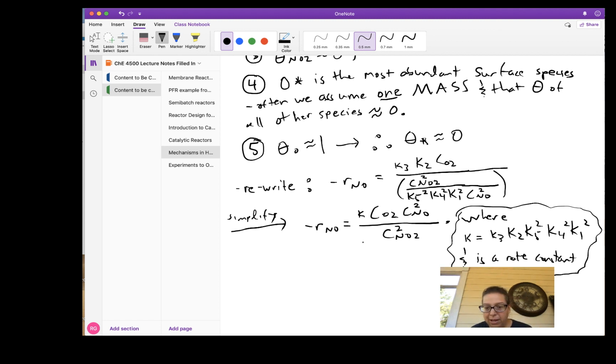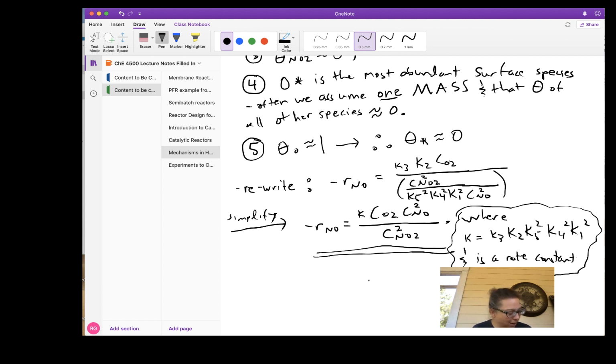Okay, anyways, this gets us an expression that we're used to looking at. This one right here, we now have a power law model. As you'll notice, we wanted first order dependence in O2 and first order dependence in NO and negative first order dependence in NO2. We got first order dependence in O2, second order dependence in NO, and negative second order dependence in NO2.